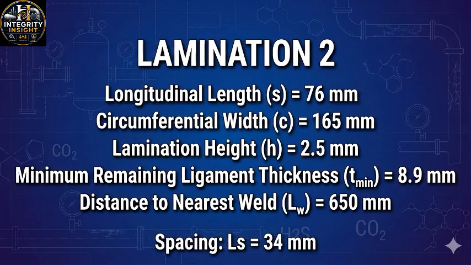Longitudinal length, 76 millimeters. Circumferential width, 165 millimeters. Lamination height, 2.5 millimeters. Minimum remaining ligament thickness, 8.9 millimeters. Distance to nearest weld, 650 millimeters. Spacing equals 34 millimeters.